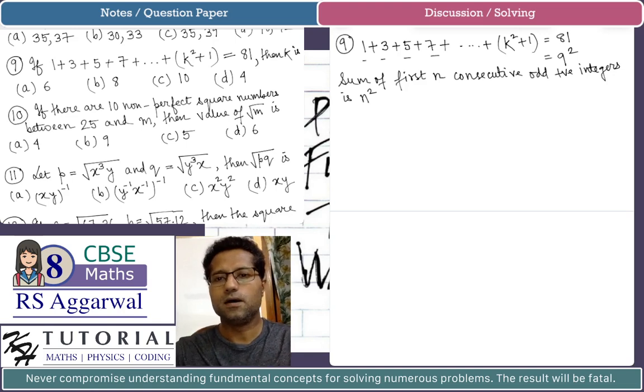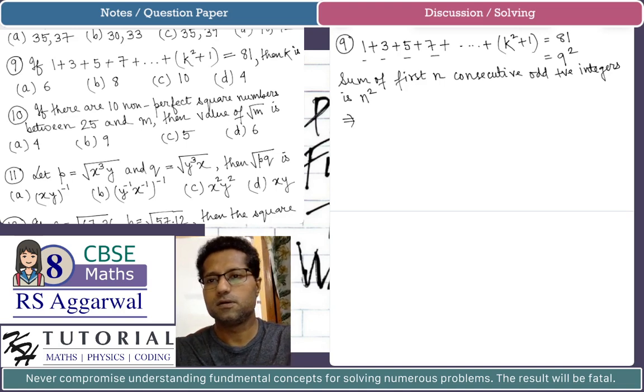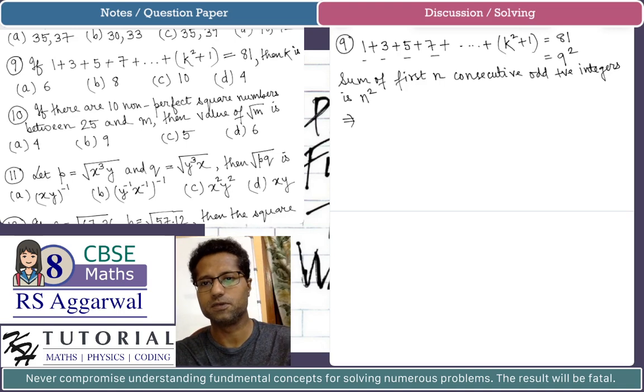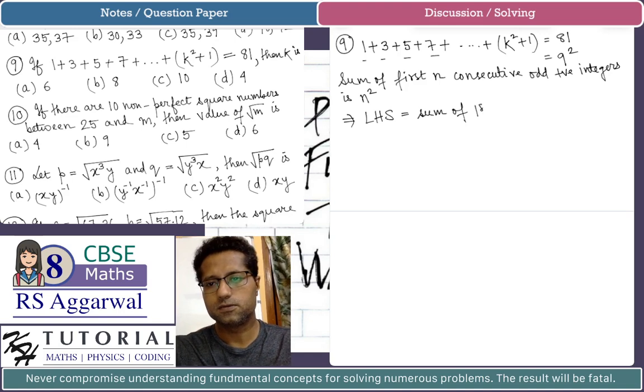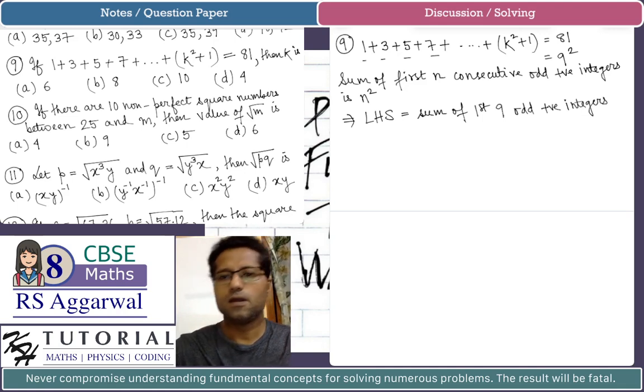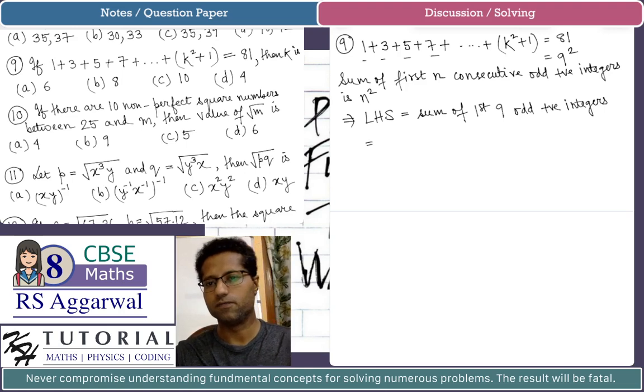So if we consider the given equation, 1 plus 3 plus 5 plus 7 up to the last term k square plus 1 equals 81, we can say that the LHS is the sum of the first 9 odd positive integers.